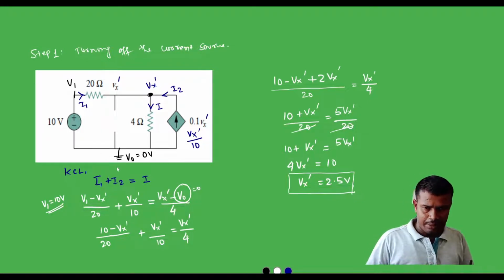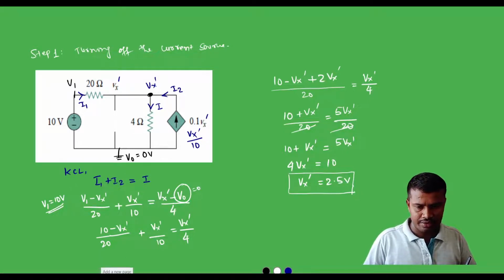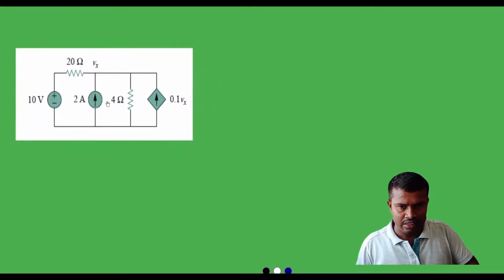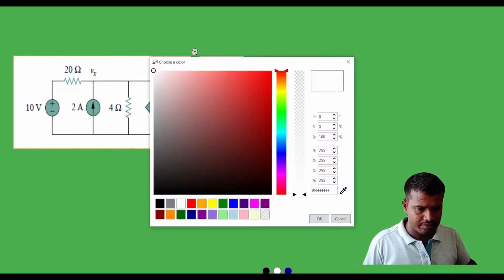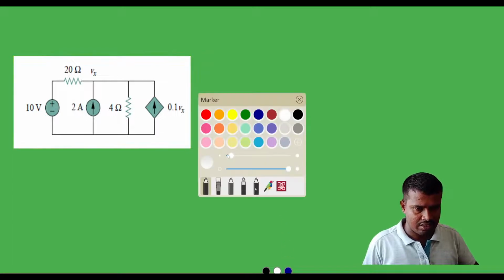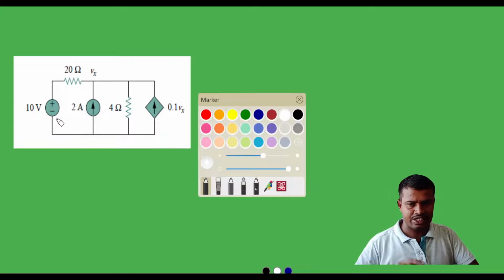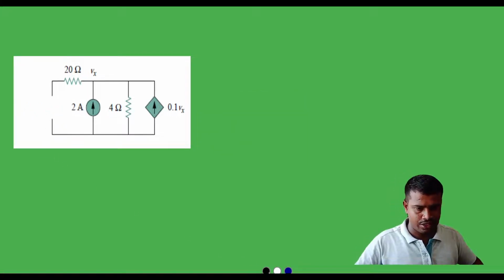Next, in step 2, we need to turn off the voltage source and activate the current source. Let us do that. We need to turn off the voltage source by short circuiting it.